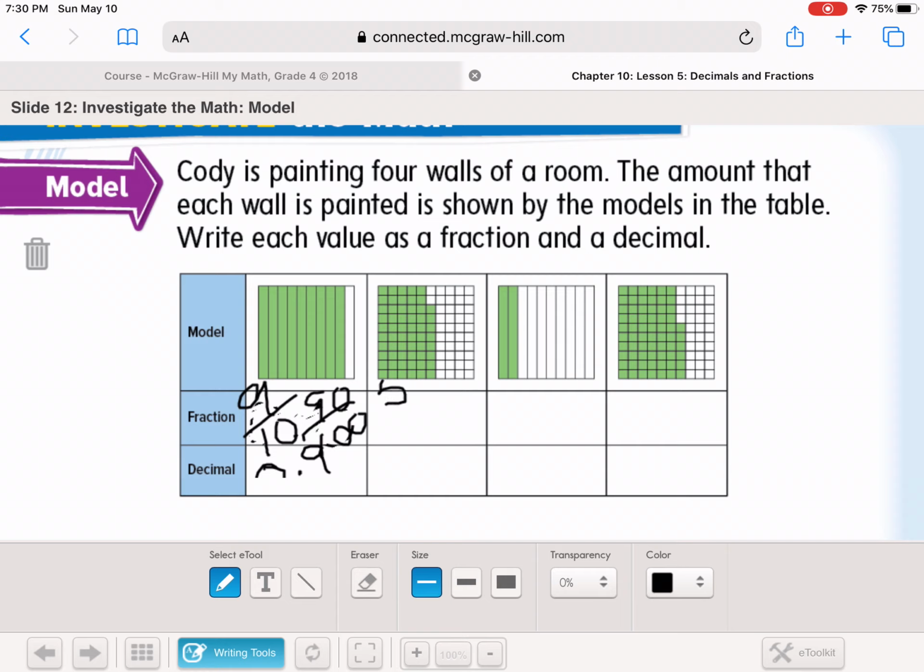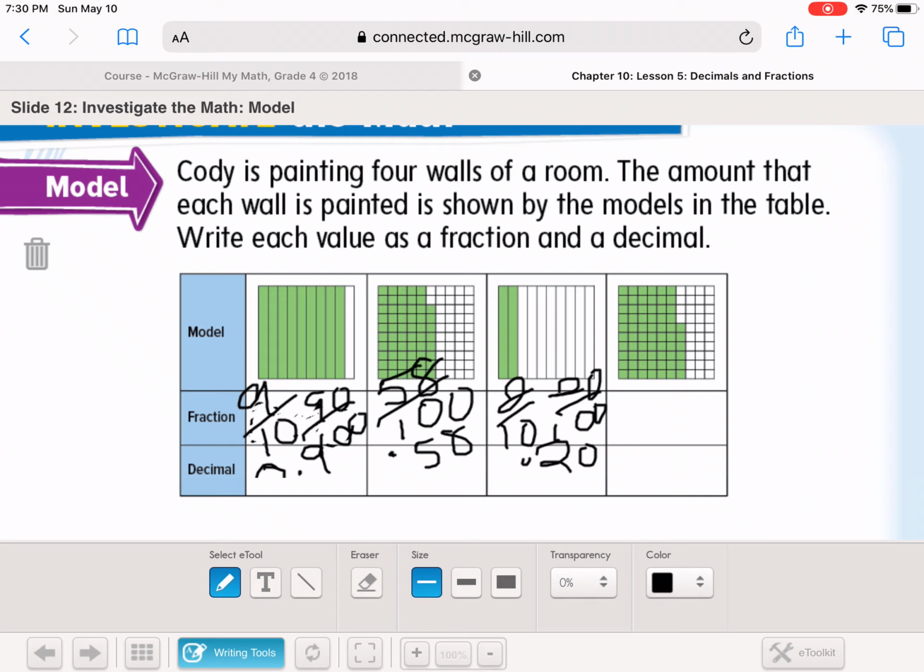So I have 58 out of 100. Okay, and that's 0.58. This one, I have 2 out of 10 or 20 out of 100. And I have 0.2 or 0.20.